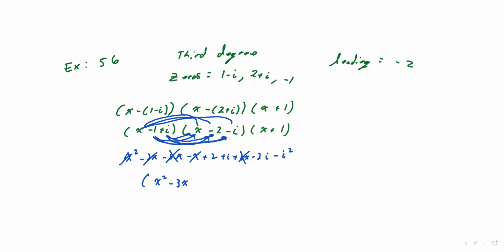And then it looks like an i and negative 2i.